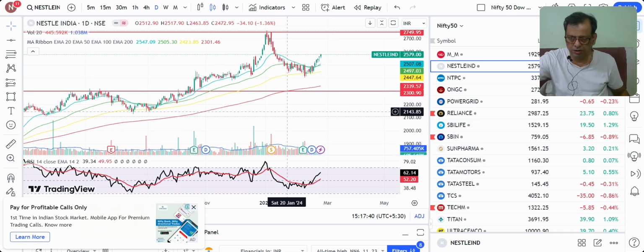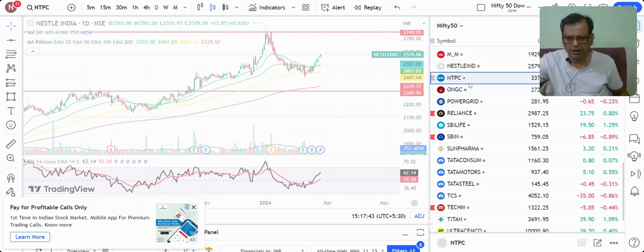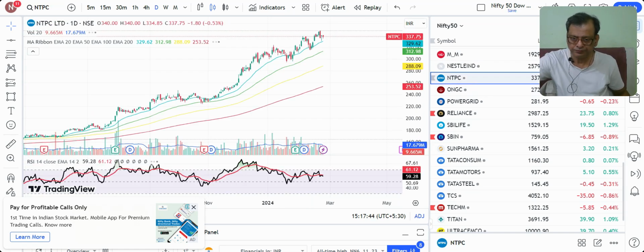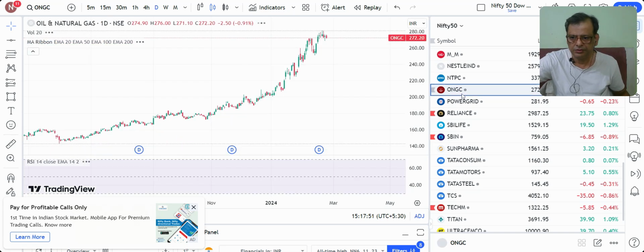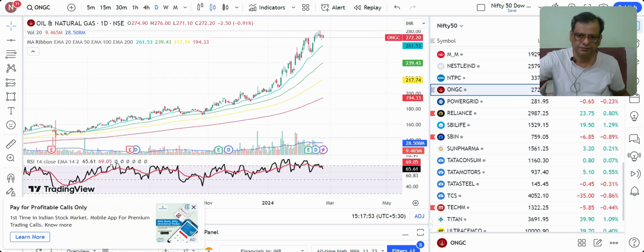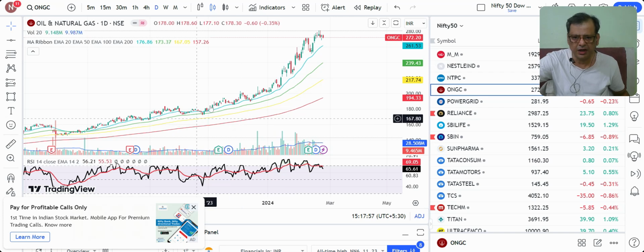So let's go to another chart. NTPC. I took a trade here, so you have my oil and natural gas. Price is going up, up, up, up, up. We've already seen trend lines and the sort.